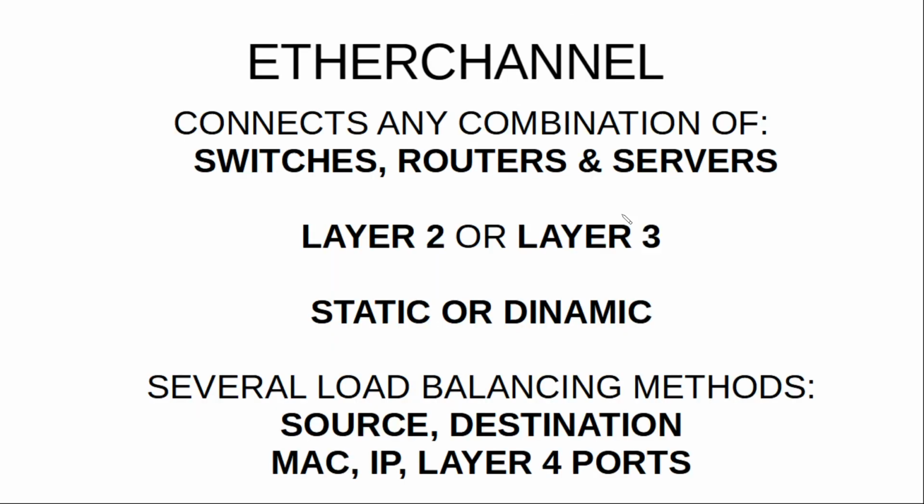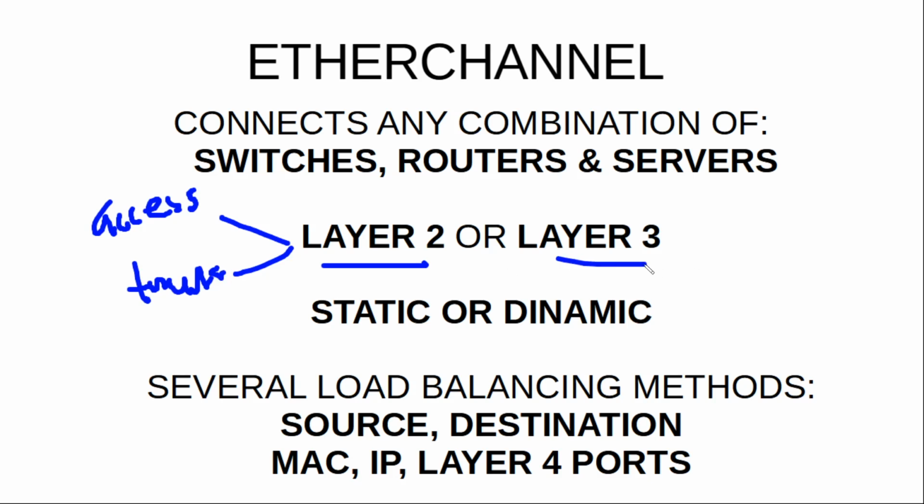Now, how can we classify EtherChannels? We can have layer 2 EtherChannels that can be operating in access mode, or we can have layer 2 EtherChannels that are operating in trunk mode, and we can have layer 3 EtherChannels that operate like a routed port in a layer 3 switch, where we can apply an IP address. We can have static EtherChannels that are configured in such a way that the EtherChannel wants to become up instantly.